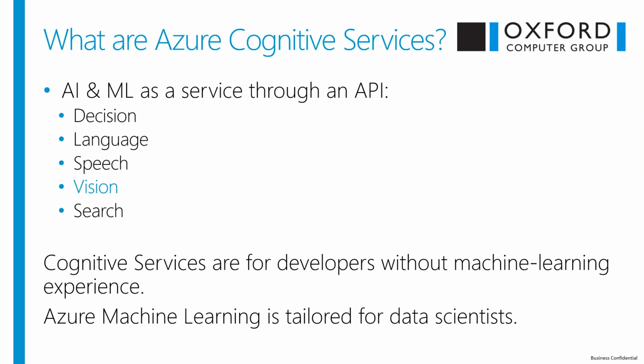This can be a little confusing when you talk to people that are familiar or have a base understanding of what's in the Azure platform, because Azure also contains a product called Azure Machine Learning. But the easy way to keep them separated is Cognitive Services is for developers without machine learning experience, and Azure Machine Learning is really tailored for data scientists who are basically going to work with their own data models and things of that nature.